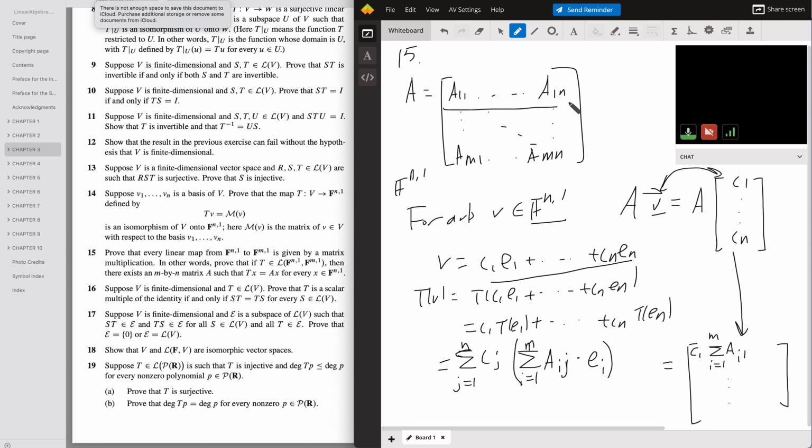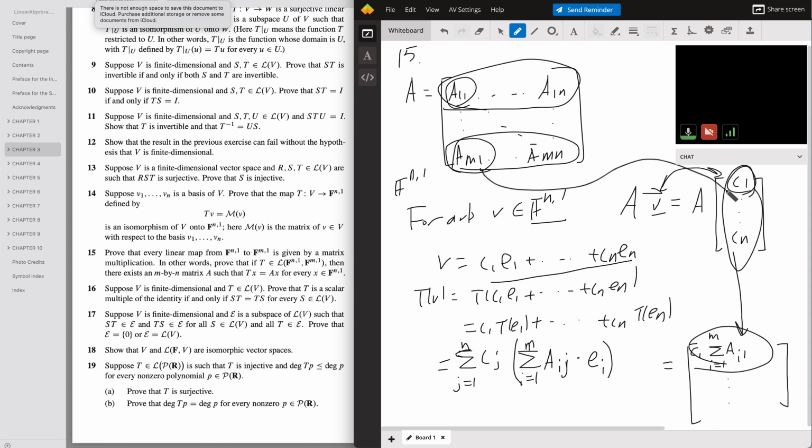And the reason is because when you multiply this by this, only the first element gets carried into the top. Whenever you multiply a row, only the first element gets multiplied by this C1, right?